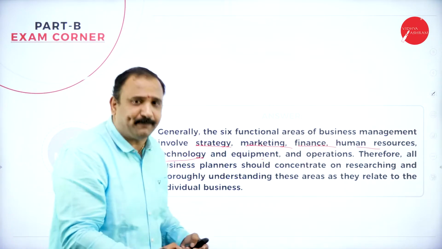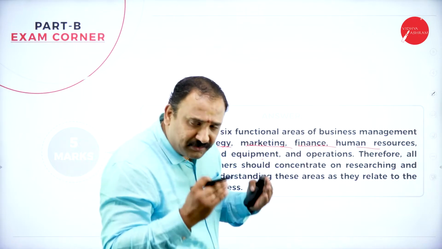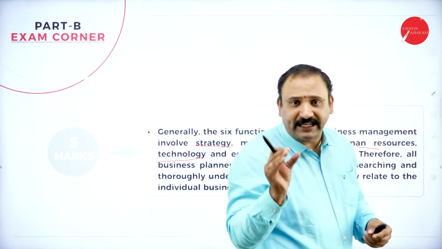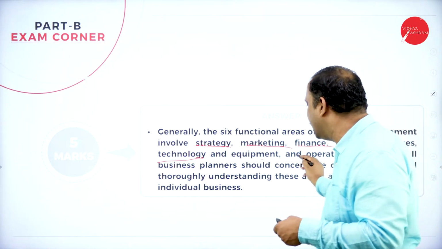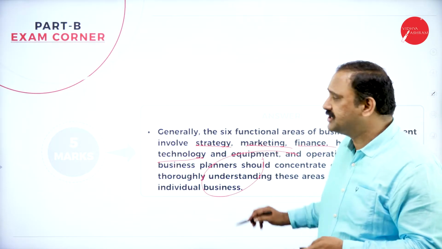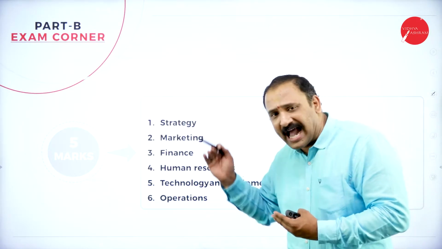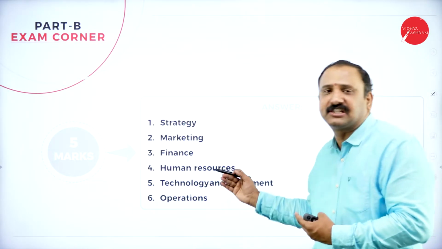Therefore, the business planners, the people who run the organization, will keep all these departments in mind and plan the business operations. So we have to understand all the 6 operations.